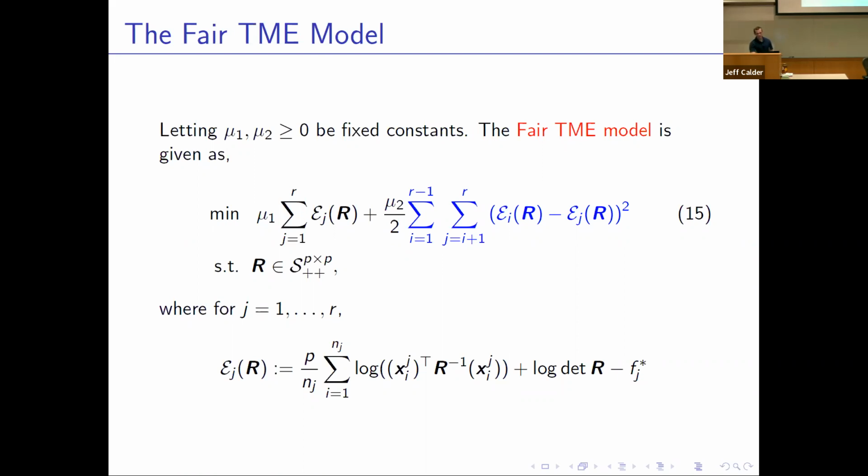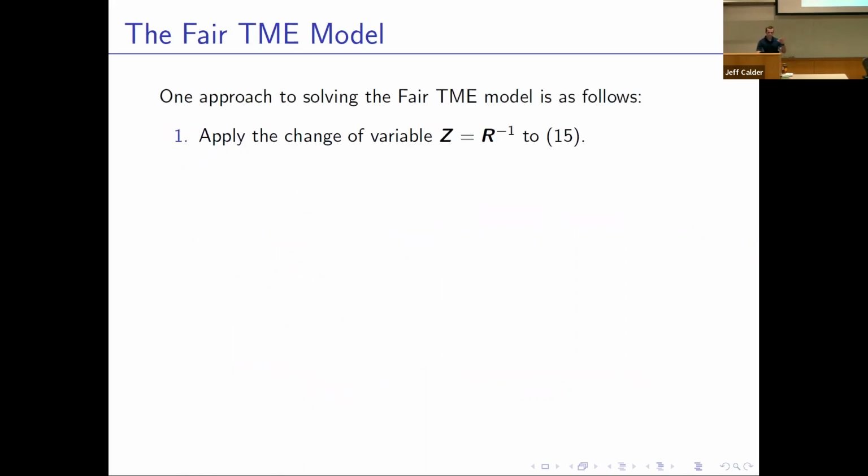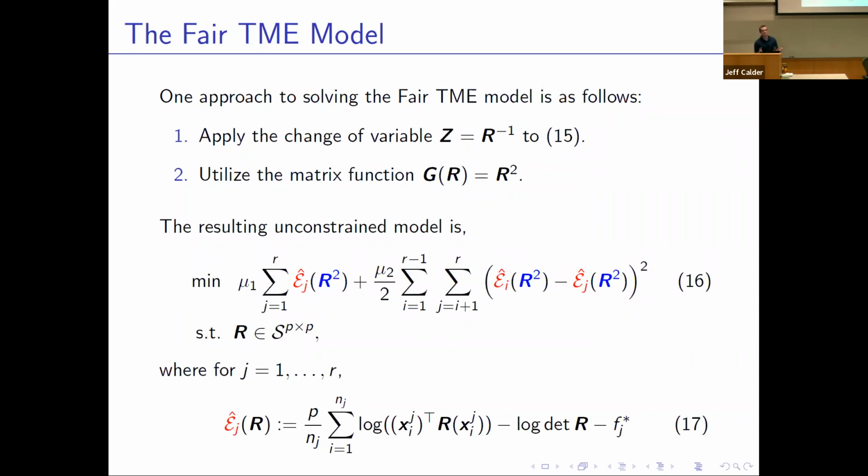Another way to deal with problem 15, remodel it and still use our procedure, is to first apply a change of variable, replace R with R inverse, and then apply the matrix function R squared. And if you do that, you can remodel 15 in the form of 16.